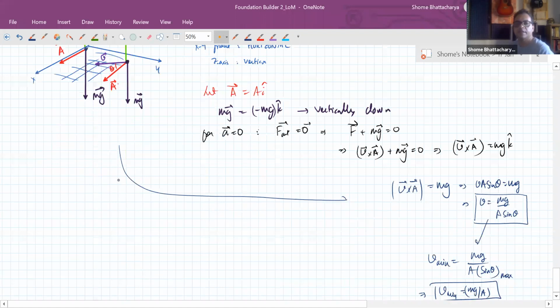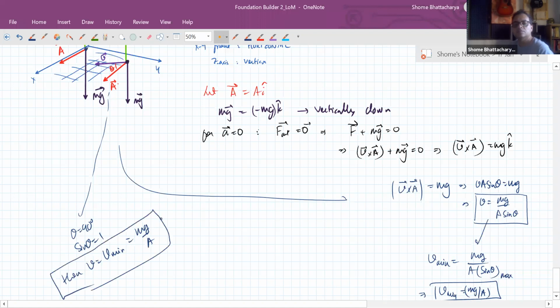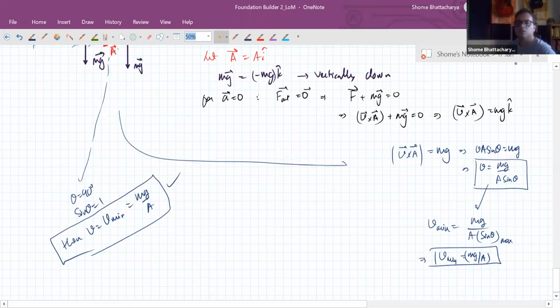So this theta should be 90 degrees, so that sine theta becomes 1. Then V will be equal to V minimum, which will be equal to how much? mg by A. So this becomes the answer.